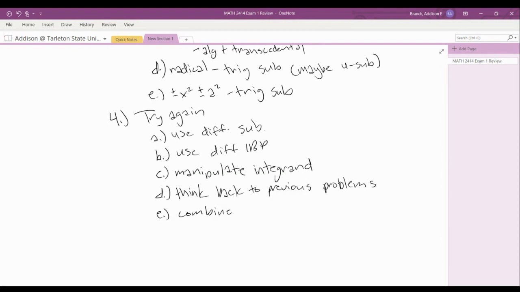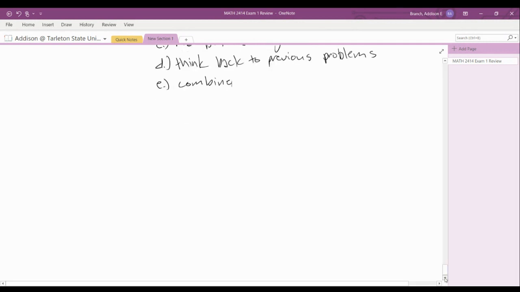I have these formulas, I have these strategies. What can I do to match those? So does anyone have any questions before we move on?